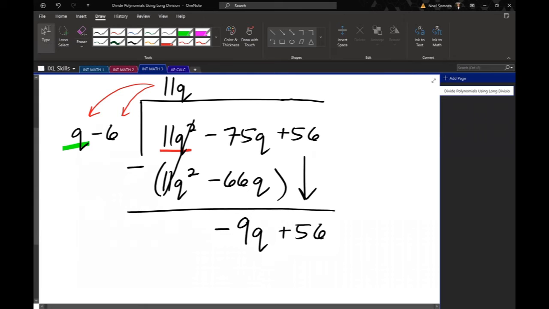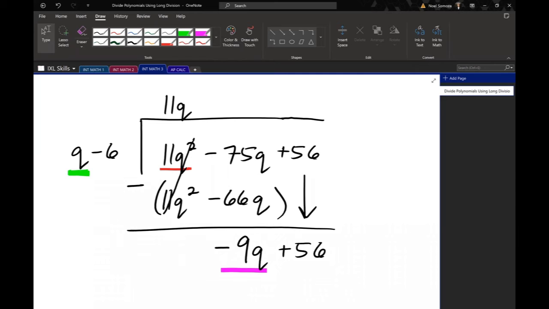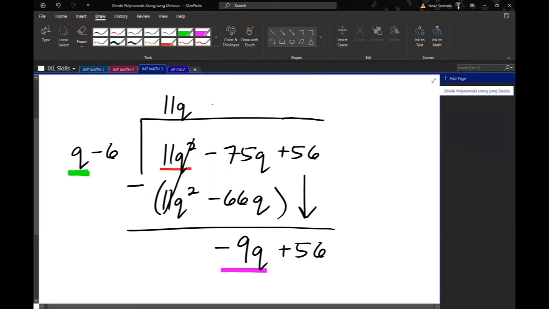How do I get negative 9q? What would I need to multiply by q in order to get negative 9q? My focus now shifts to what I can multiply by q for it to be negative 9q. In that case, it's fairly simple: we multiply by negative 9. So negative 9 is written up at the top.